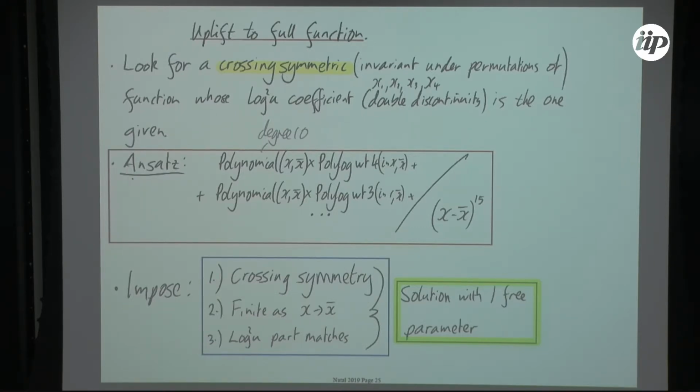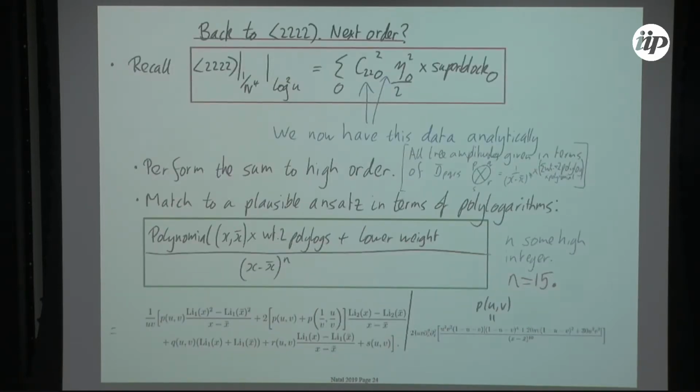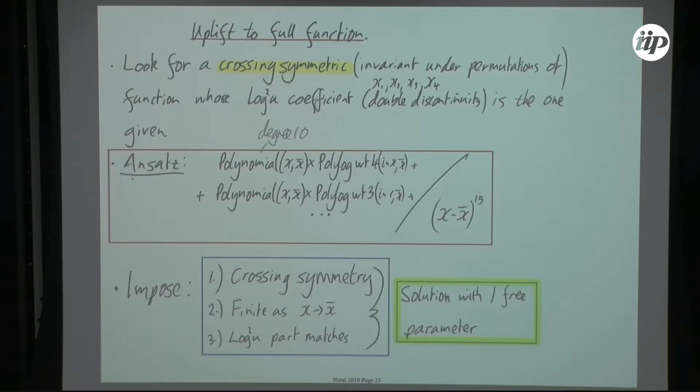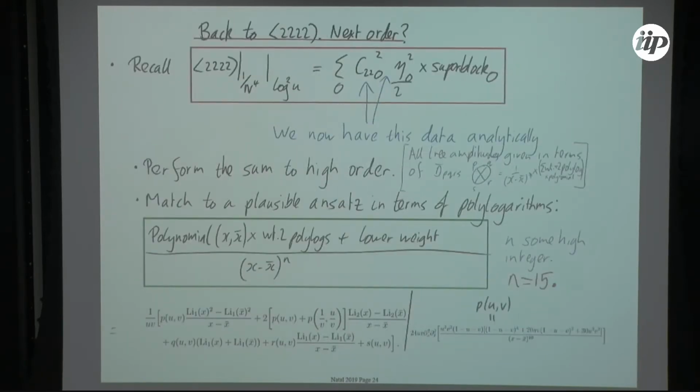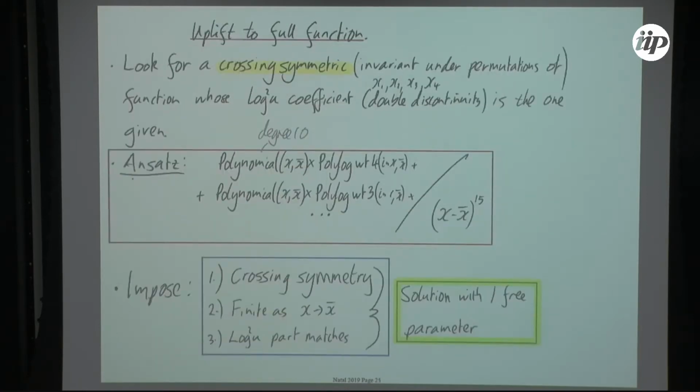So again, we've got this x minus x bar to the 15 in the double discontinuity, so let's stick with that. Obviously all this is multiplied by log squared u, so we've got log squared u times weight 2 polylogs and so on. Let's call that a weight 4 polylog. Actually, they are single-valued harmonic polylogs. So single-valued harmonic polylog, weight 4, weight 3, weight 2, and so on and so forth, all multiplied by polynomials.